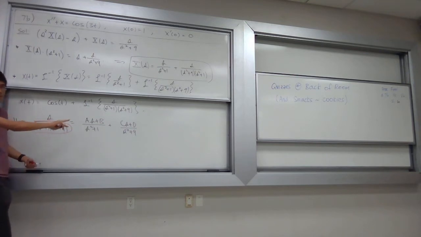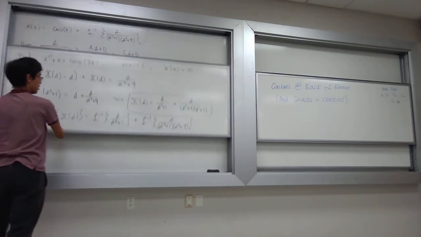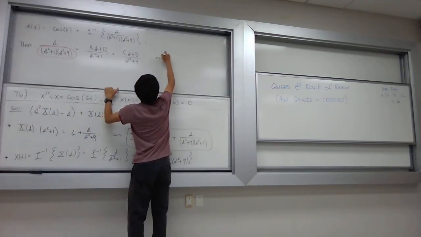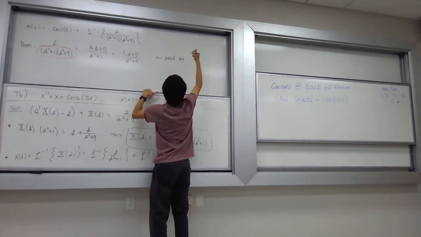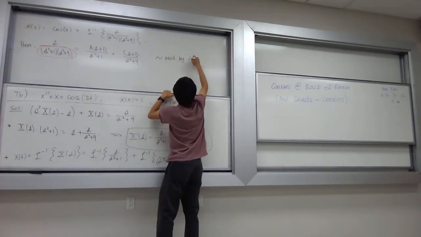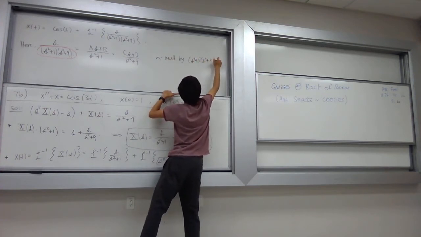That's going to kill off all the denominators. So you can multiply everything by s squared plus 1, s squared plus 9.